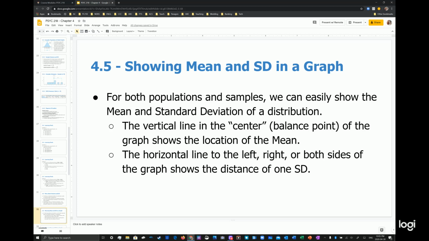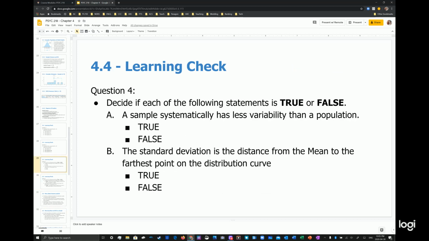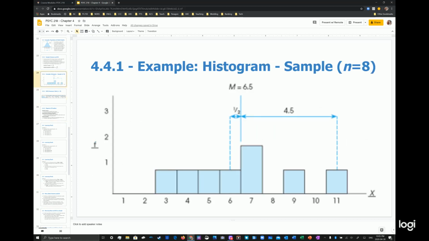When you show the mean and standard deviation in the graph, you can see some of these here. This is a histogram, and this shows the mean and the distances the scores are away from the mean.